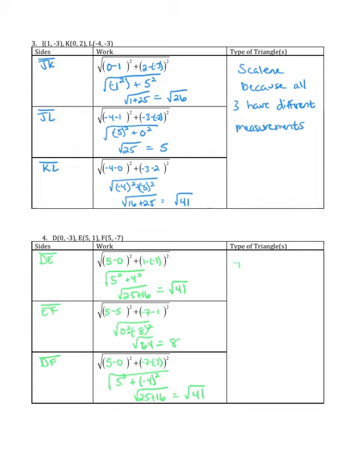This one is isosceles because two sides have the same measurement. All right, one more problem. And I'll go back.